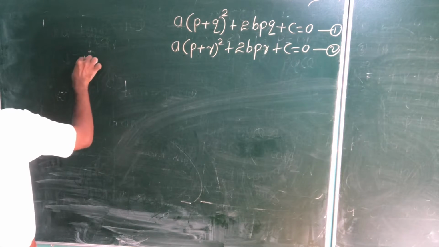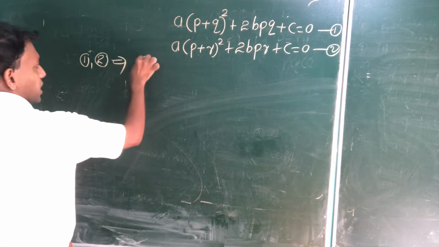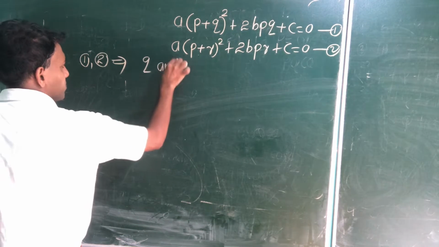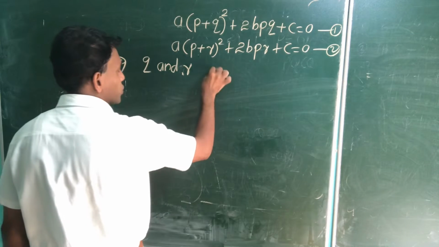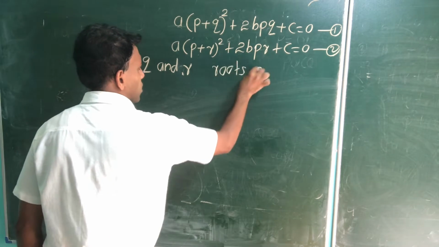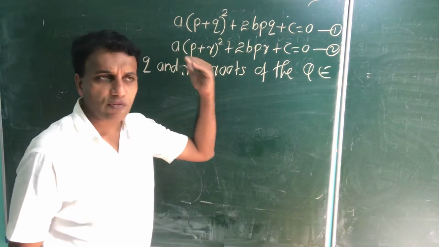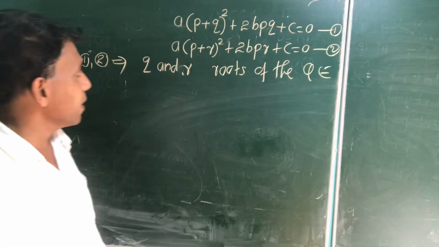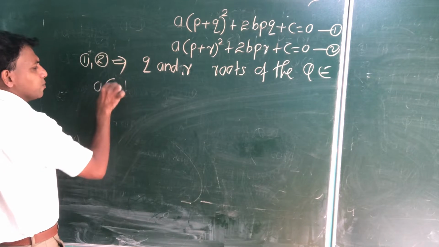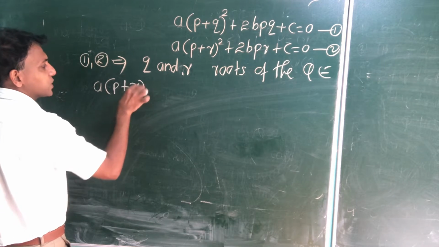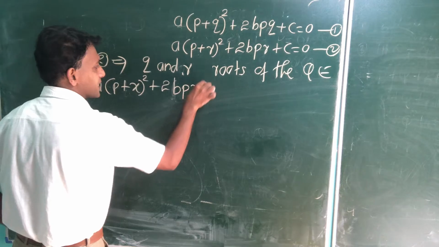So you can take like that, from 1 and 2, q and r are the roots of the quadratic equation a(p + x)² + 2bpx + c = 0.